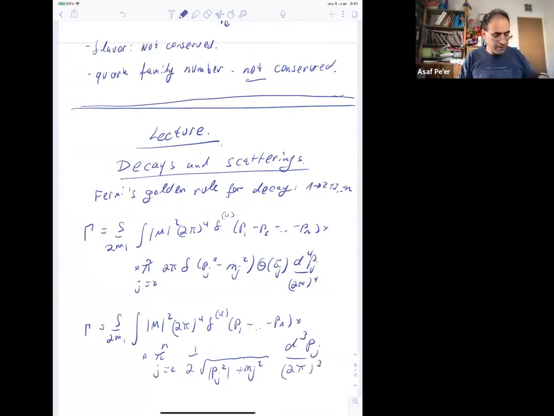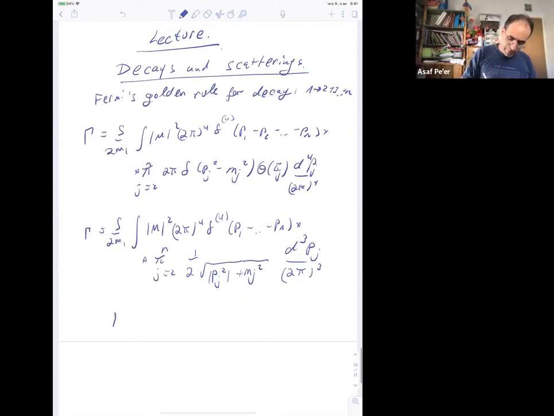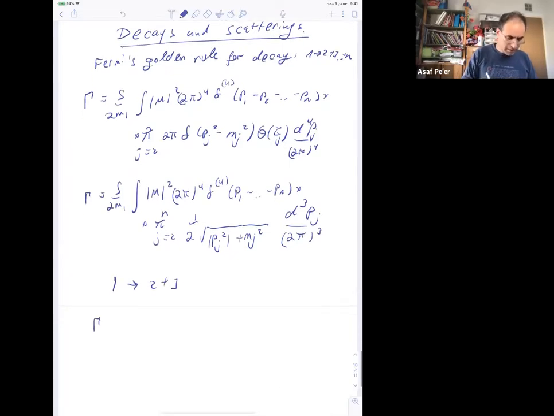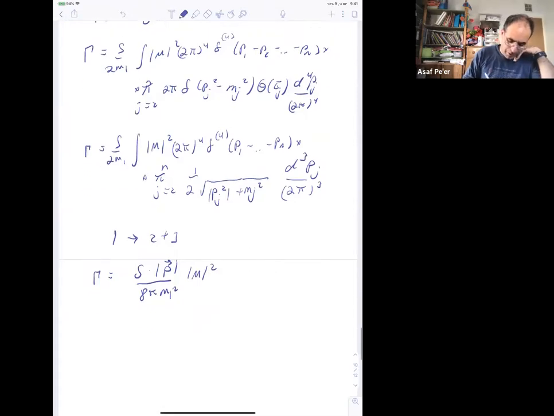In the specific case of a two-particle decay, where one particle decays into 2 plus 3, we actually solved that and didn't even have to carry out the integration. We ended up with gamma equal to S times p divided by 8π m1², times |M|², where p depends on the masses.